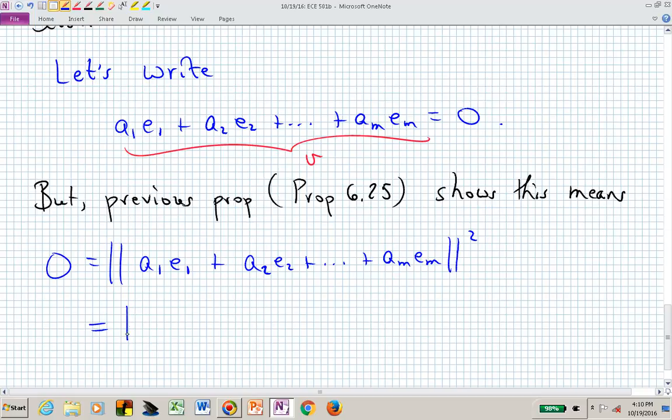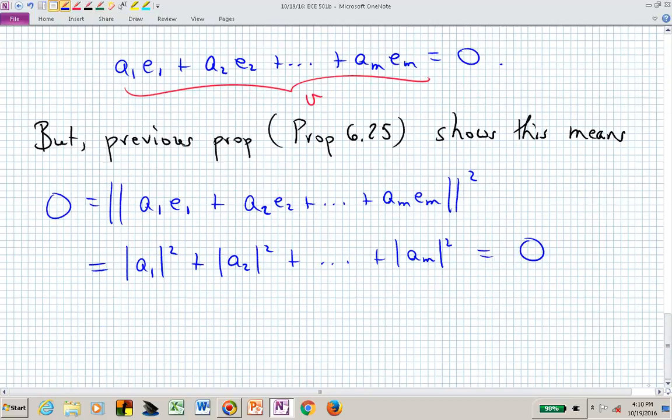So now we just take the scalars, take their absolute value because they can be complex, and square those and add all of those up. But now we're saying that that is actually equal to 0.